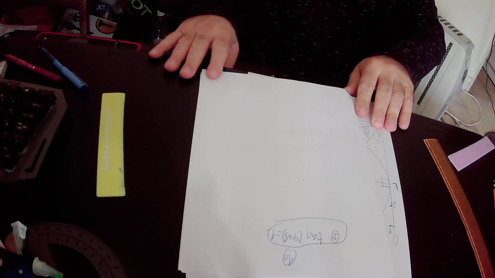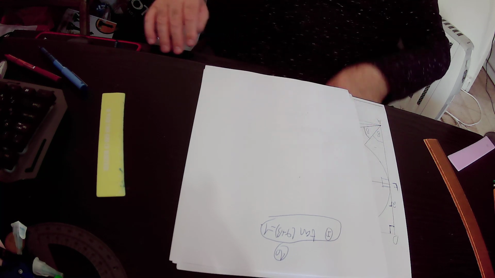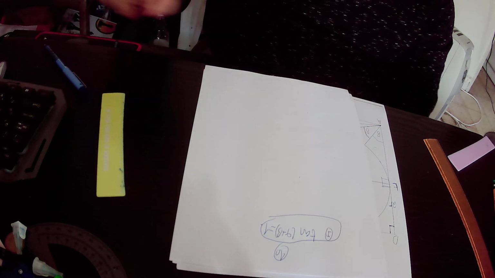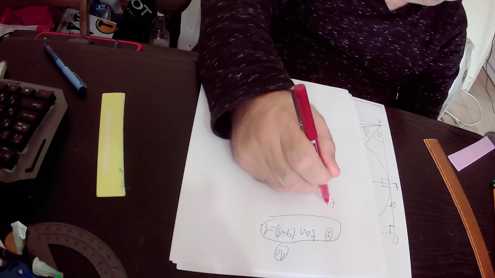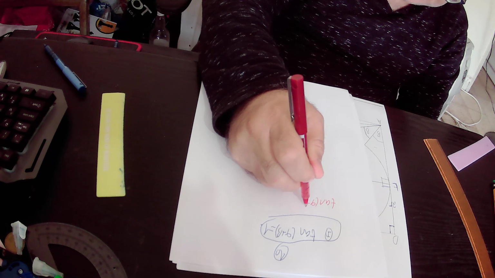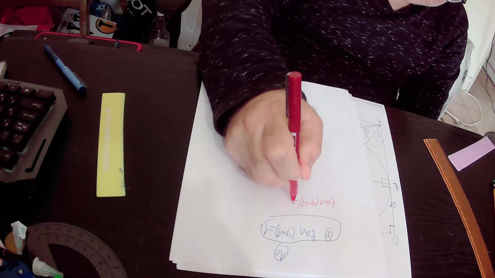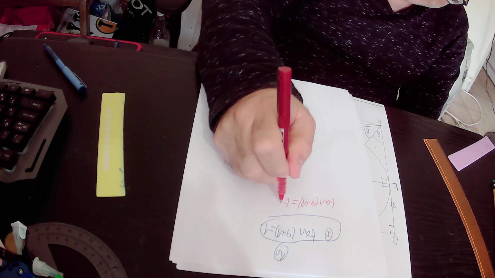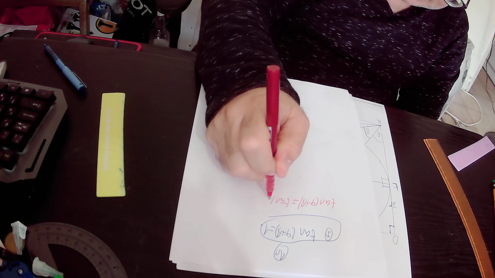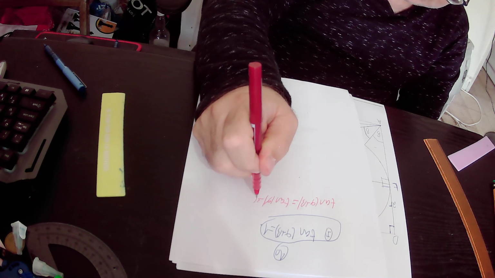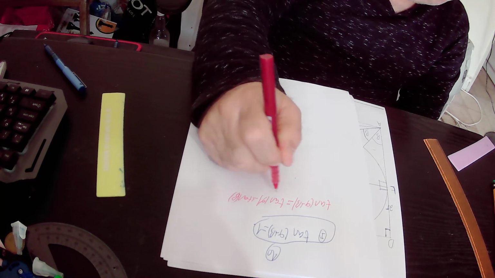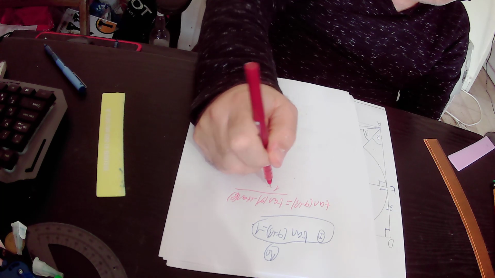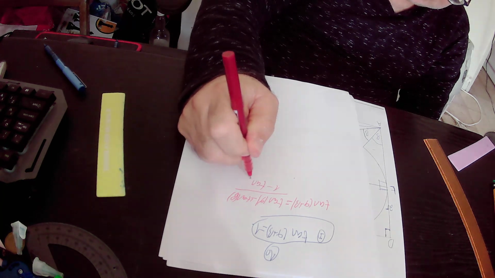But we have a trigonometric identity for the value of tangent of alpha plus beta: tangent of alpha plus beta equals tangent alpha plus tangent beta over 1 minus tangent alpha times tangent beta.